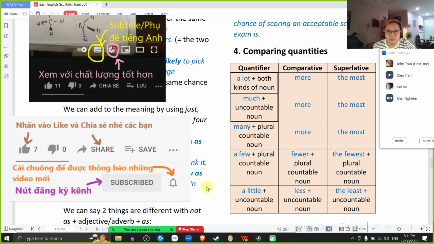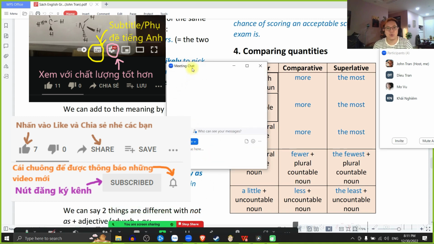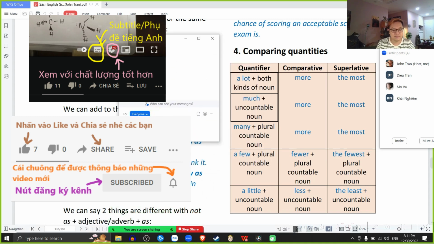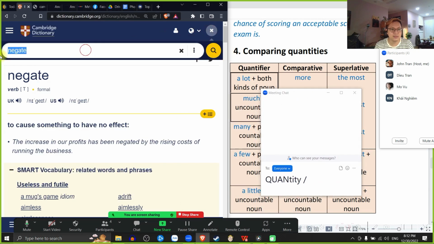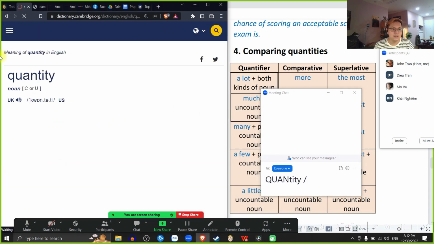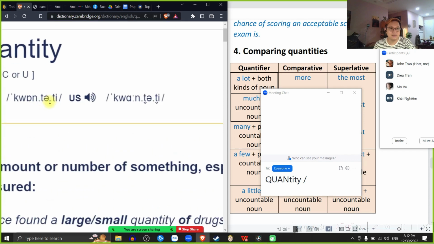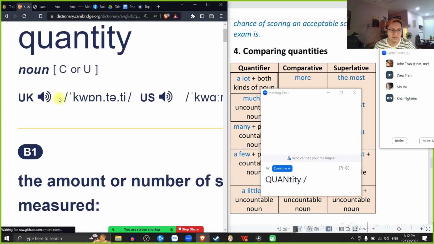So you can see, we have the word quantity. Quantity. Hoặc là quantity nha. Nó là cái âm schwa. It's like a schwa sound. So if you check it out, the word quantity, you can say, yes, here, look at this one. Nó có âm schwa nhẹ nè.